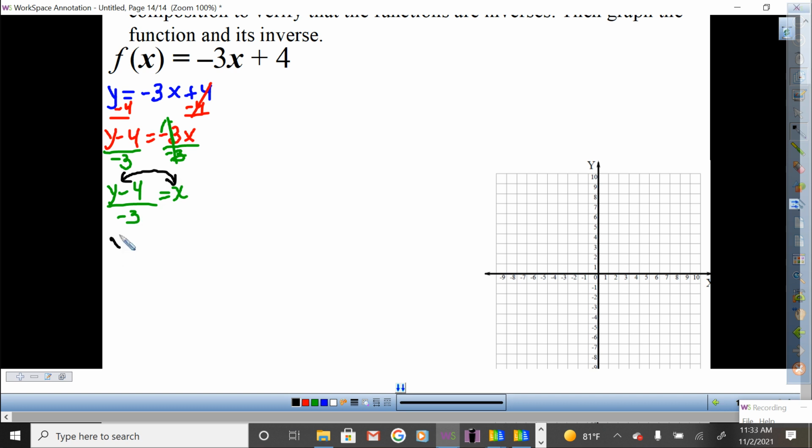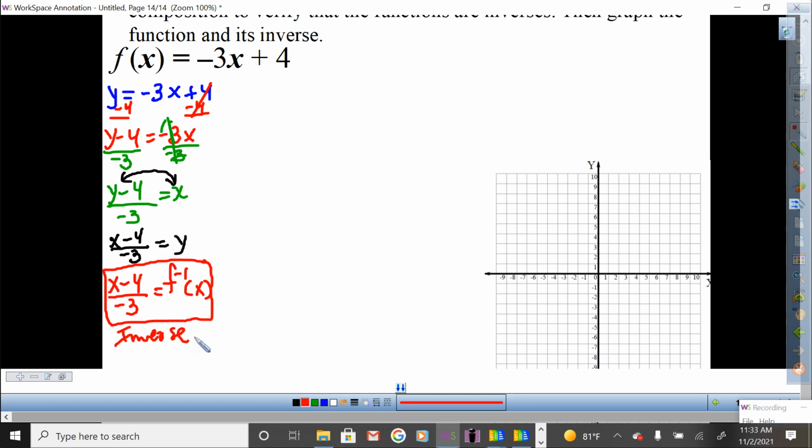So that gives us x minus 4 over negative 3 equals y. That's the inverse, but can we leave it in that notation? No, Mr. Q. So what do I write instead of y? f inverse of x. And that leaves us with x minus 4 over negative 3. This is the inverse.